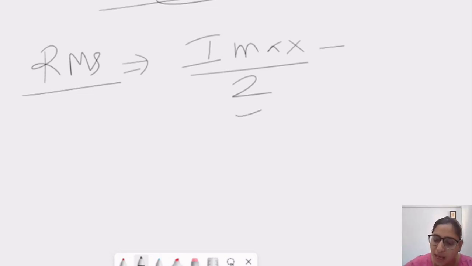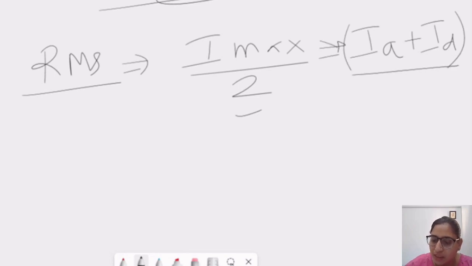Why so? Because in I max we have a few AC components and a few DC components of the current. So if I am taking the mean of that, we have to divide it by 2. Clear? So I max by 2 is IRMS, the root mean square current.